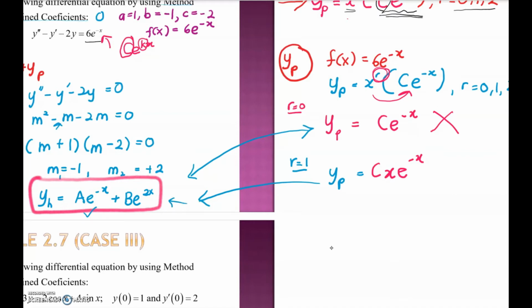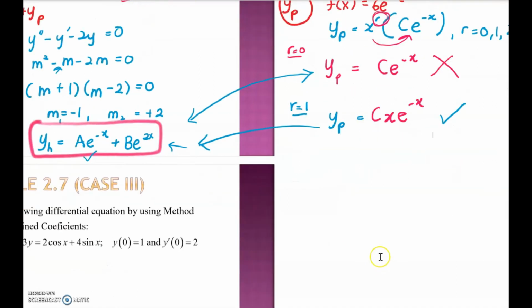Tak ada kan? So kita ada AE negative X and BE negative 2X. So bila tak ada term yang sama, when there is no similar term in your YP and YH, we can say this is our correct initial guess. So hold this one as your solution, but we need to find out what is C, because this is Y particular, right? So we need to find what is our C.